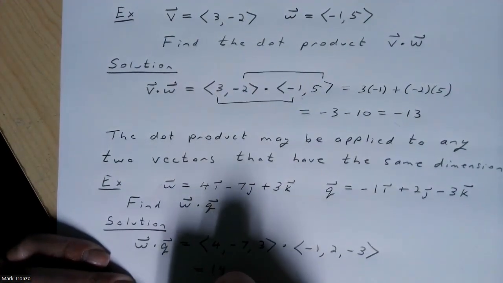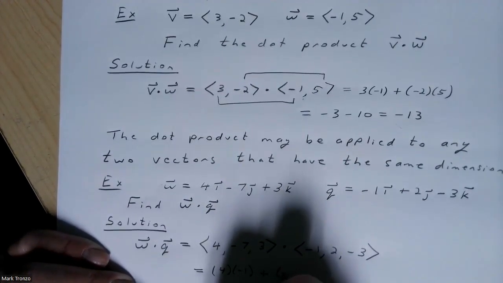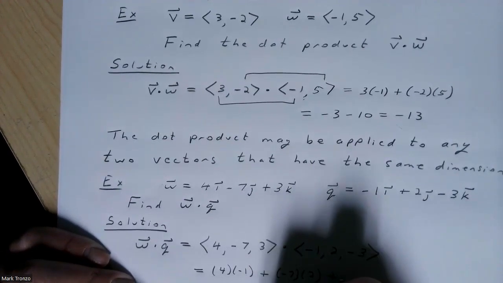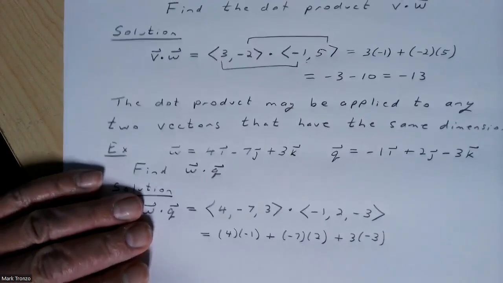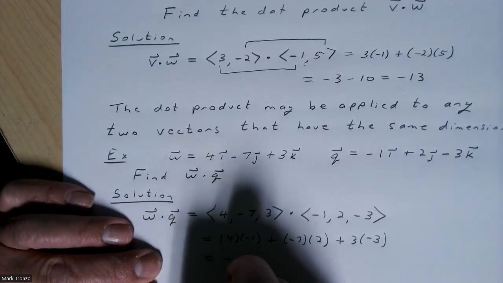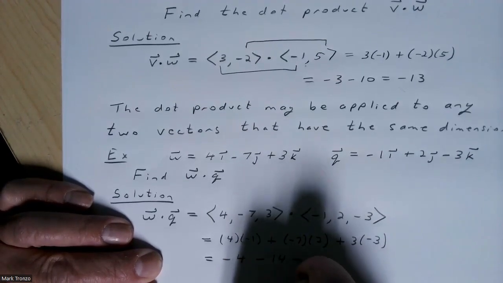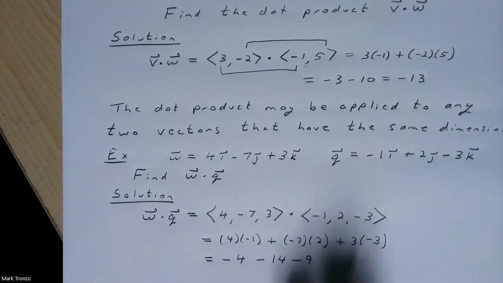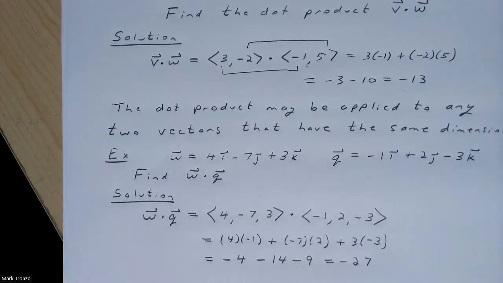So we'll have 4 times minus 1 plus minus 7 times 2 plus 3 times minus 3. And that's going to give us minus 4, minus 14, minus 9. Let's see, that's minus 23, minus 27 if I did my arithmetic properly.